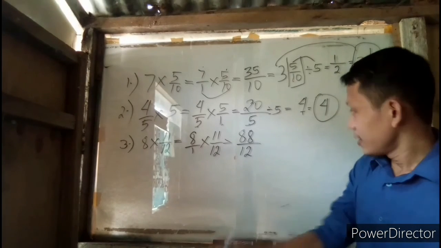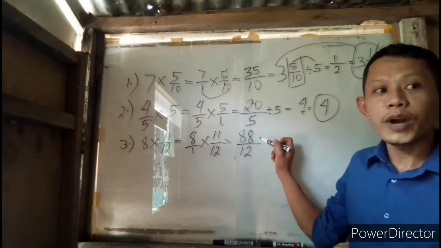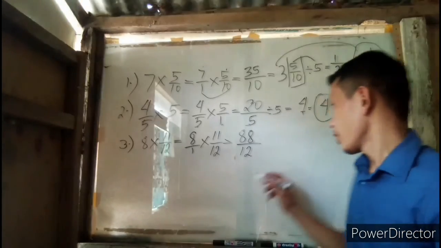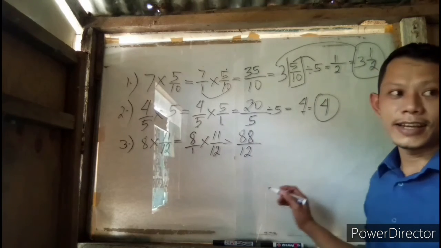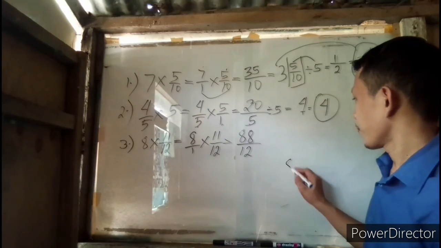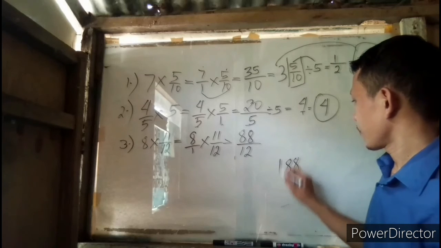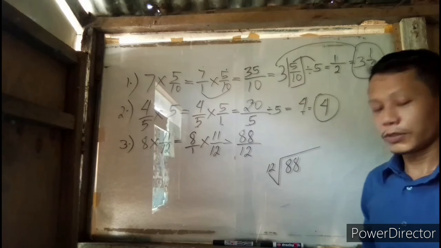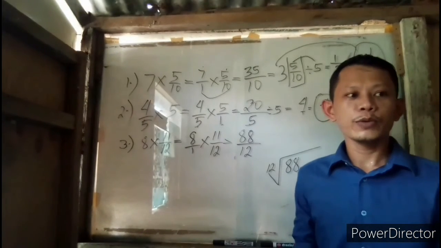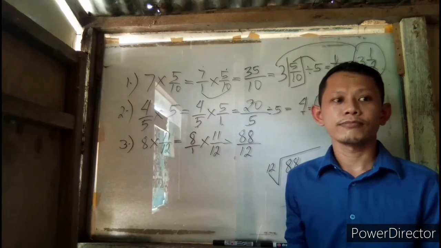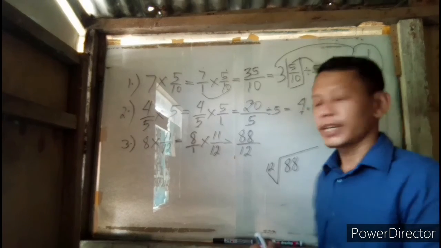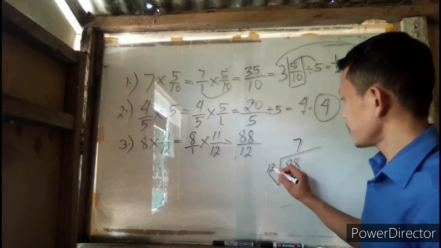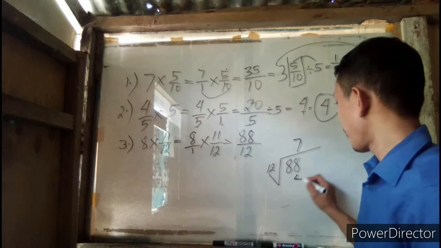Now, since it's an improper fraction, we are going to simplify again into lowest form. So we are going to divide it again, right? 88 divided by 12. So 88 divided by 12, we have 7. 7 times 2, 14.